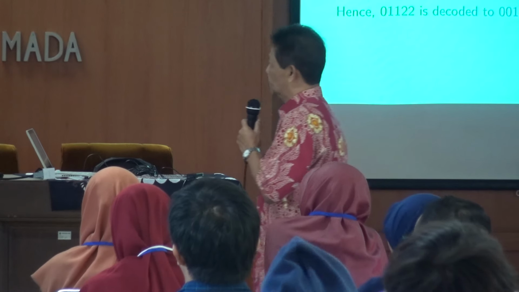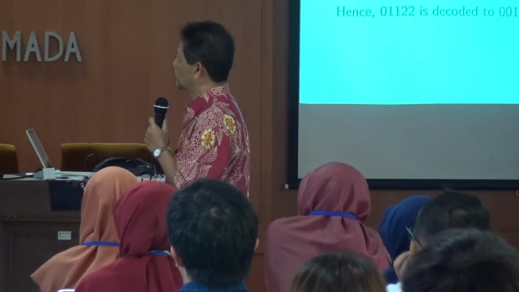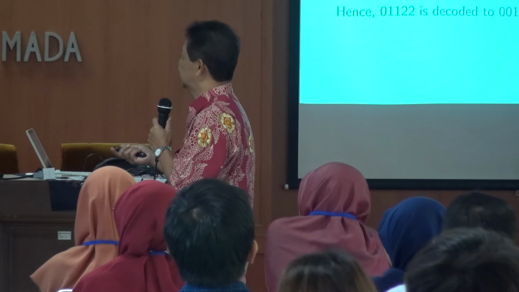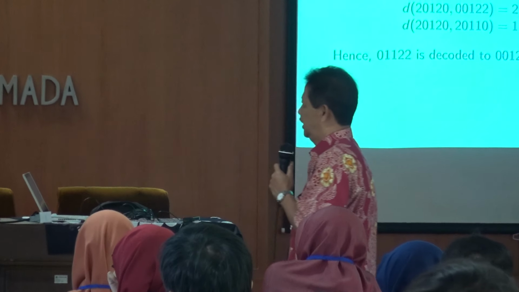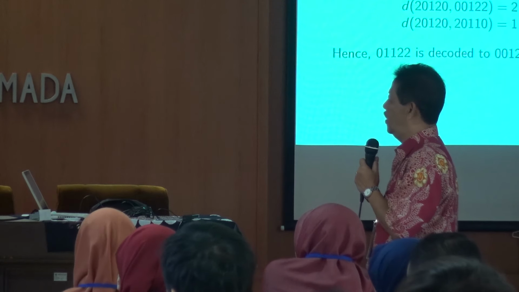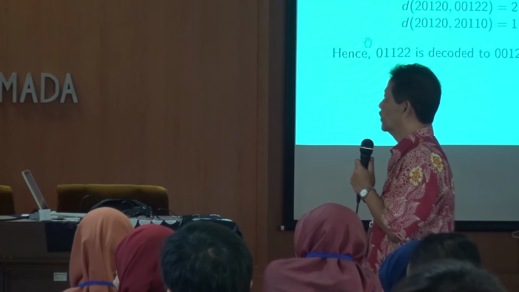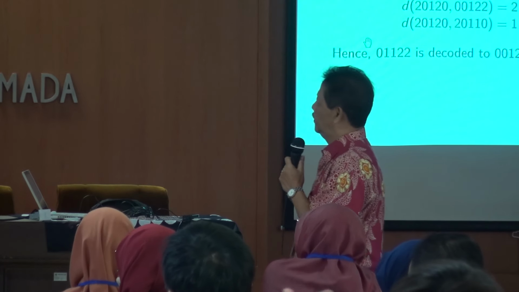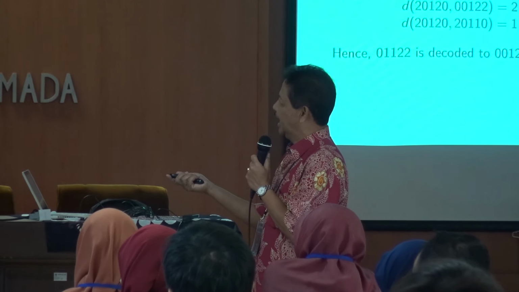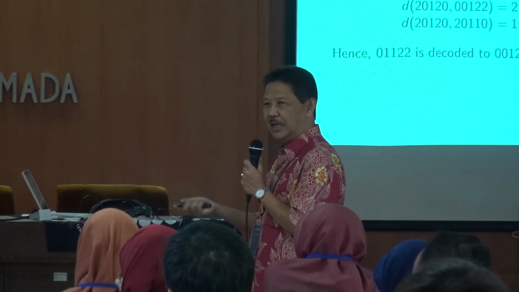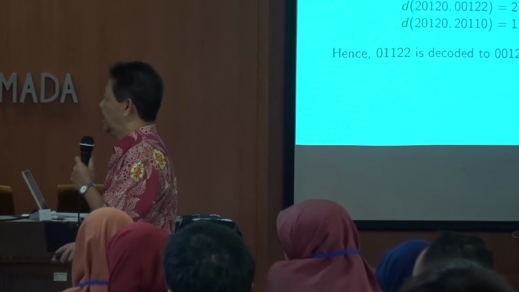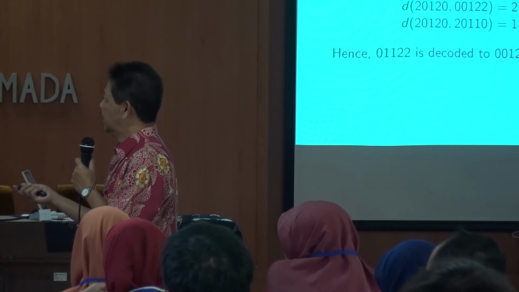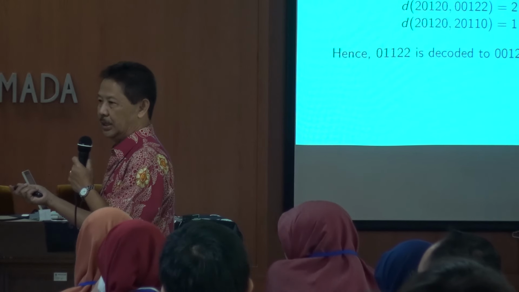Suppose you have an example like this. C is a code of size 4 and length 5, and the vector received by the receiver is 0, 1, 1, 0, 0.